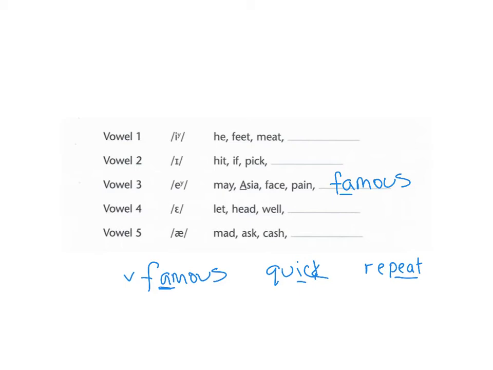So you're correct if you said vowel 2. Next one is repeat, repeat. Does that sound like E, I, A, or A? Good. Number 1, right?